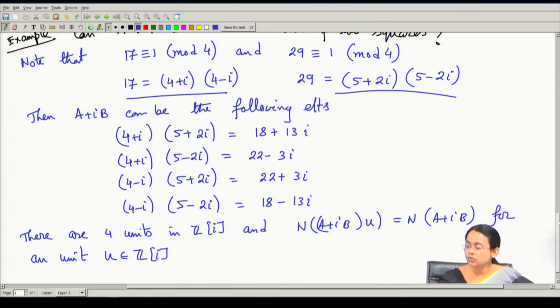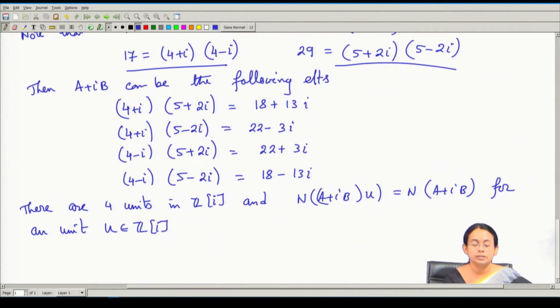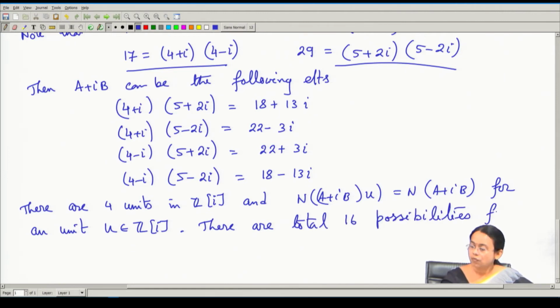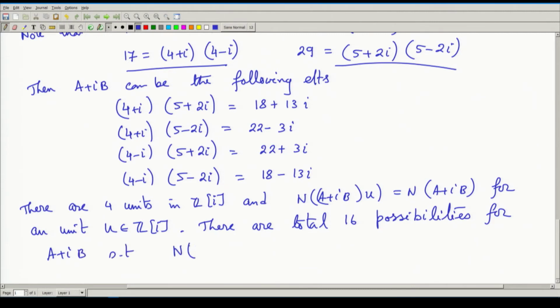So, that means each of the elements has 4 choices. So, there are a total of 16 possibilities for each of these a + ib such that the norm of a + ib is this integer 17 times 29.